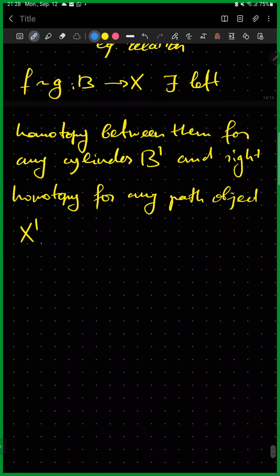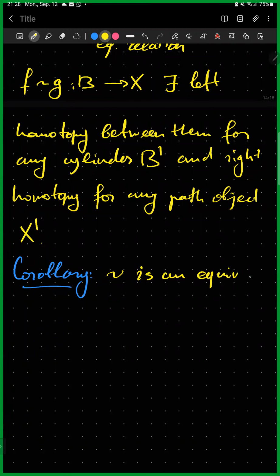Okay, and the second corollary states that the relation of being homotopic is an equivalence relation on morphisms in, sorry, not in a model category, but in the full subcategory spanned by fibrant and cofibrant objects, and it is compatible with the composition.